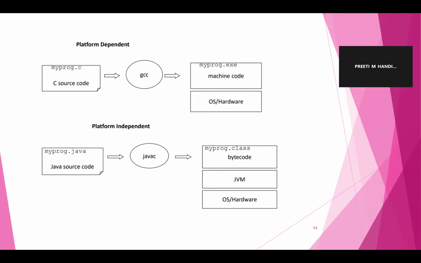This class file is then distributed as bytecode. Then the bytecode is run in the Java Virtual Machine, and the OS hardware supports it. So because of the Java Virtual Machine, we can write once and run the program anywhere.